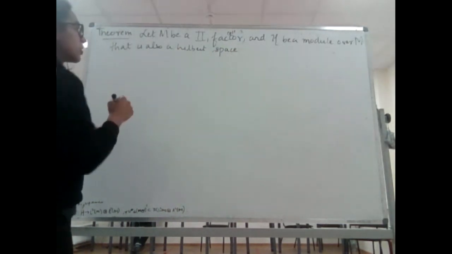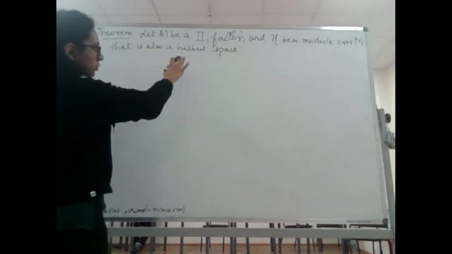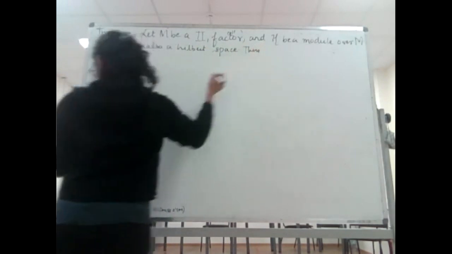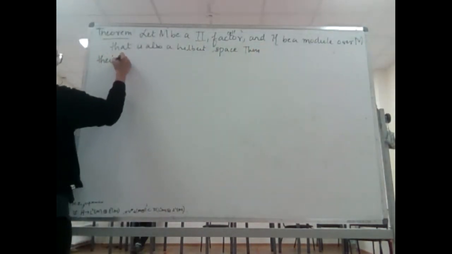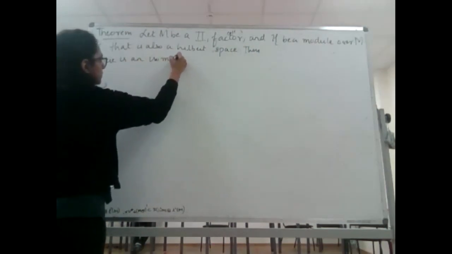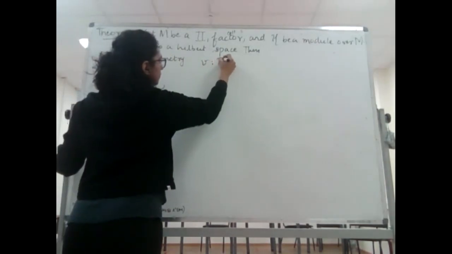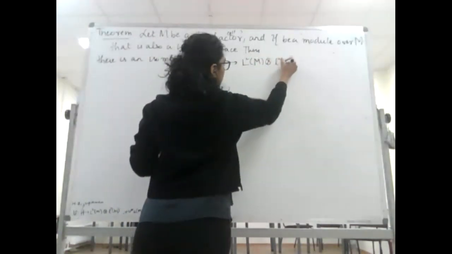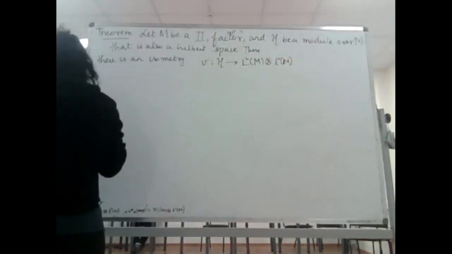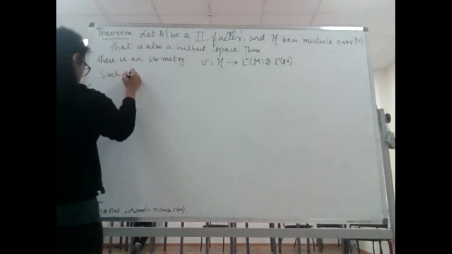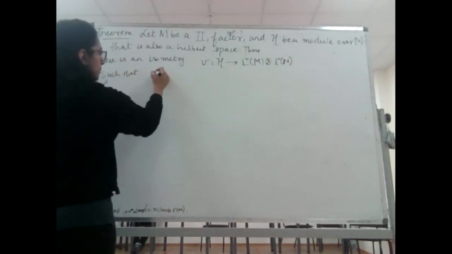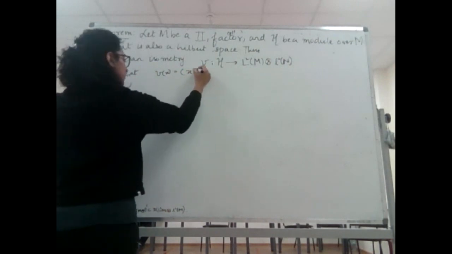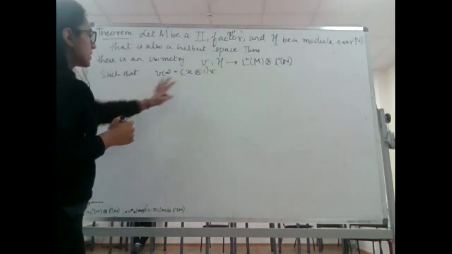and that projection is given by an isometry. So if M is a type 2-1 factor and H is a module over M, which is also a Hilbert space, this isometry is given by this.